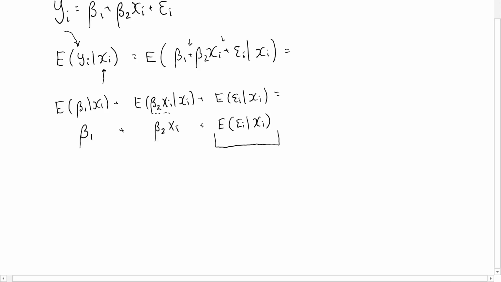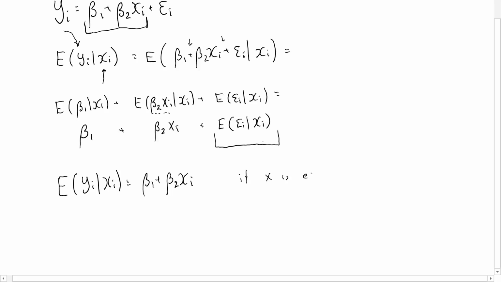So if the explanatory variable is exogenous, then this final term is 0, and then we have the following result. The expected value of yi given xi is equal to the first part of the linear regression model. So with the exogeneity assumption, this part here is the conditional expectation of yi.